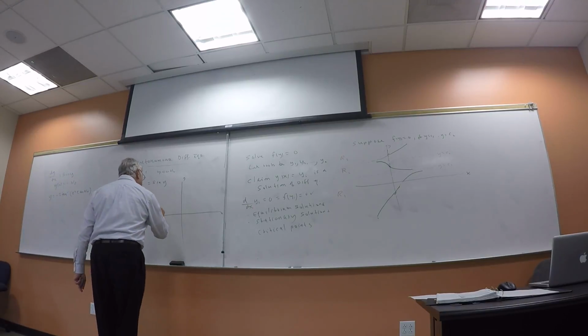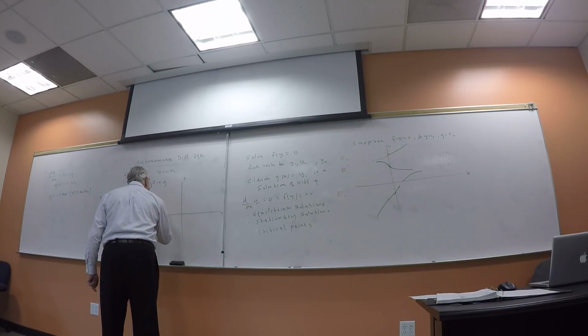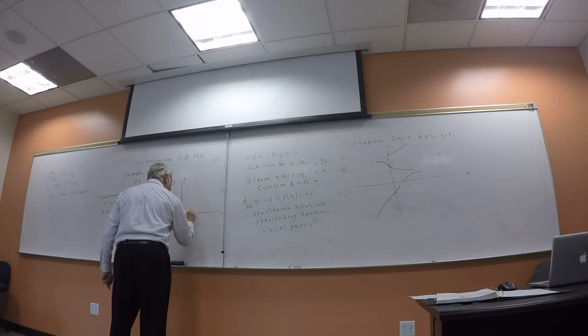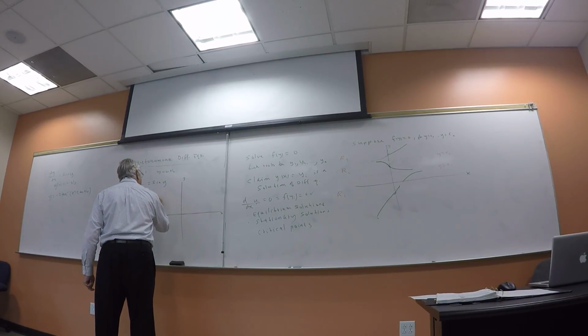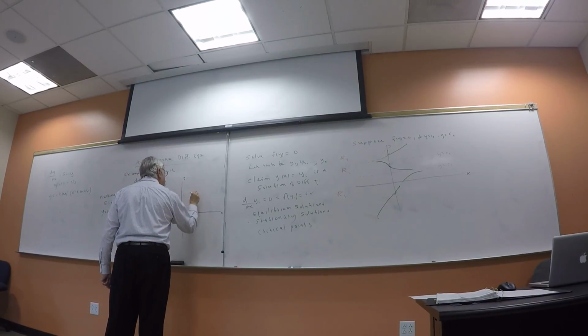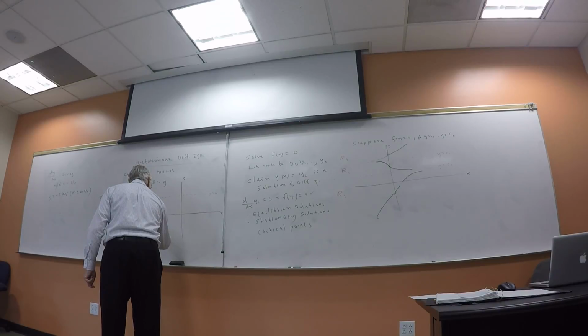We've got y equal to 0, that's an equilibrium, so I'll put a little red line through there, right? We've got another one at y equals pi, and another one, of course, at y equals negative pi.